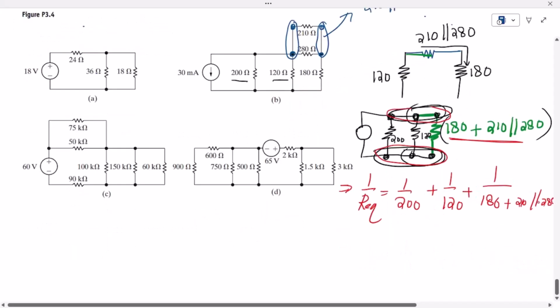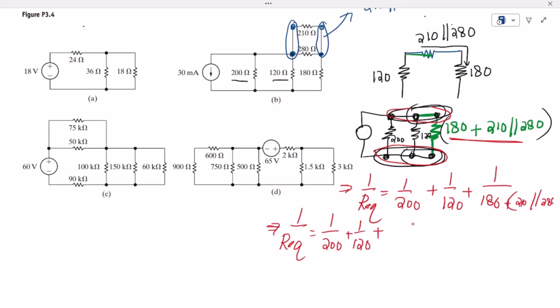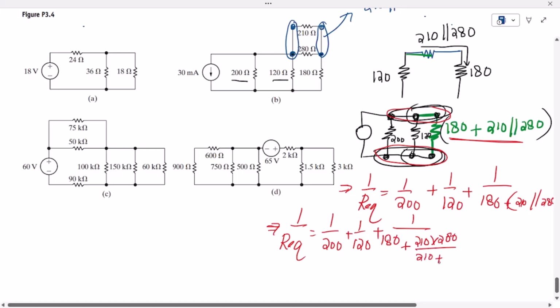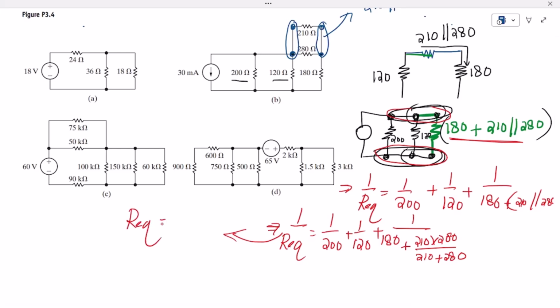Simplifying it, 1 over R equivalent is 1 over 200 plus 1 over 120 plus 1 over 180 plus 210 multiplied by 280 divided by 210 plus 280. Once you find it and take the reciprocal, R equivalent will be found.